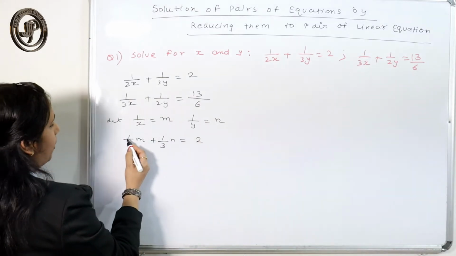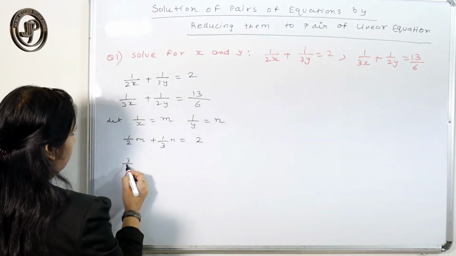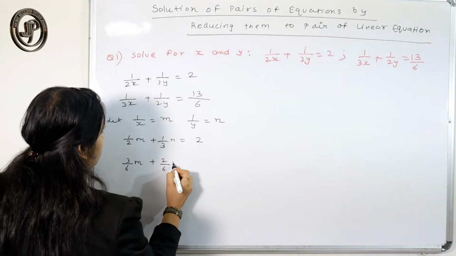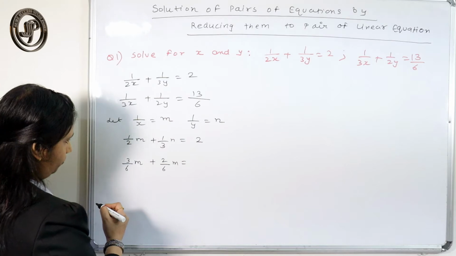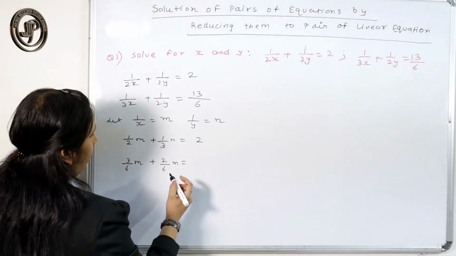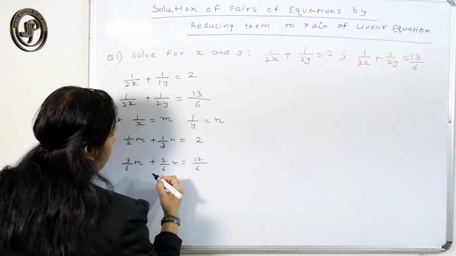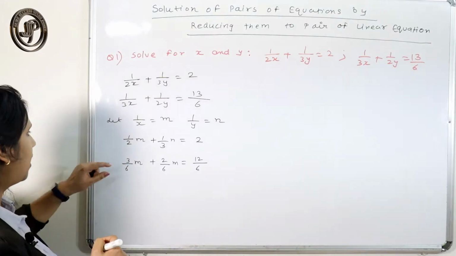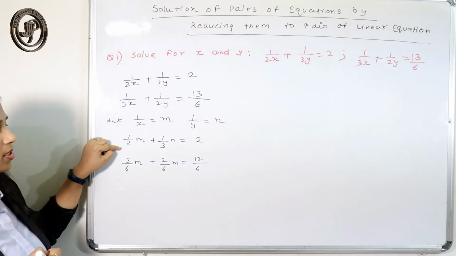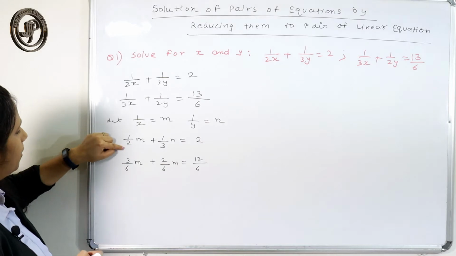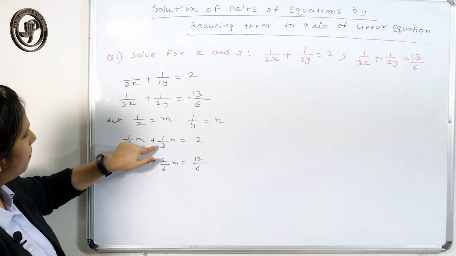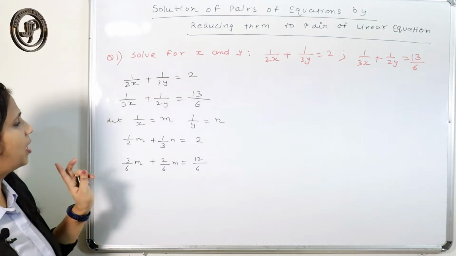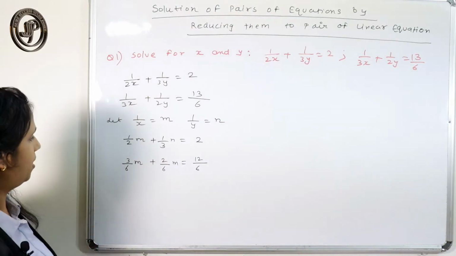If I multiply this by 3 by 3, this by 2, and this by 6, then my denominators become equal. I multiply and divide here by 3, here by 2, and here by 3. I am doing nothing but making the denominator the same.